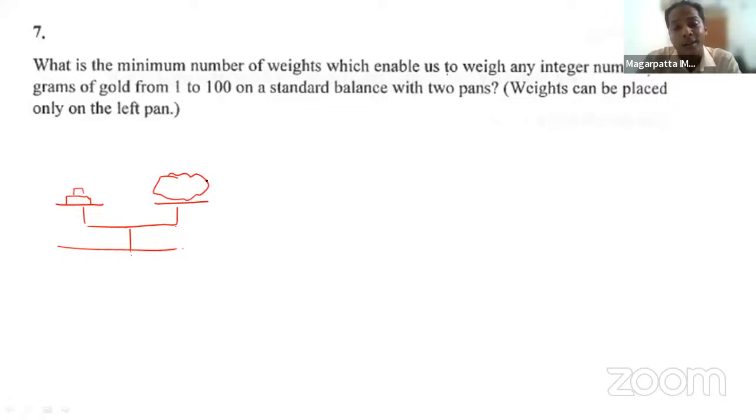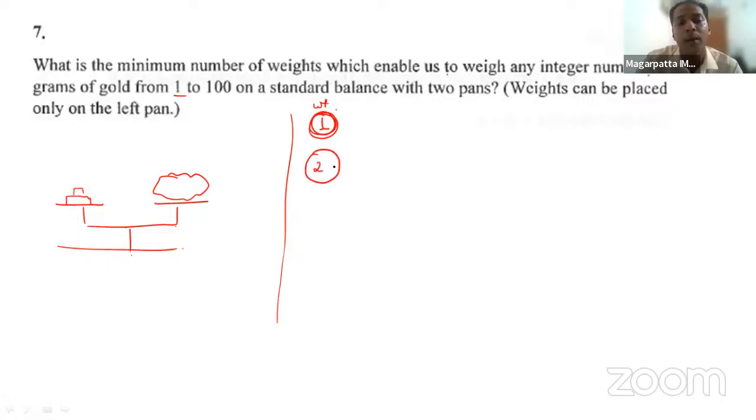Generally, you need to understand how you deal with it when you need the minimum number of weights. You will definitely want to weigh 1 gram, so you'll need a weight of 1 gram. But what if you need to weigh 2 grams? Can you weigh 2 grams using a 1 gram weight? No. So you'll need a 2 gram weight also.